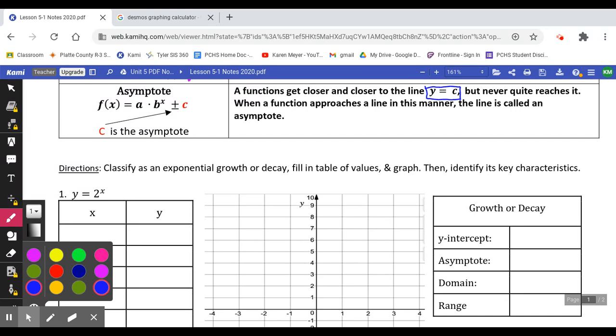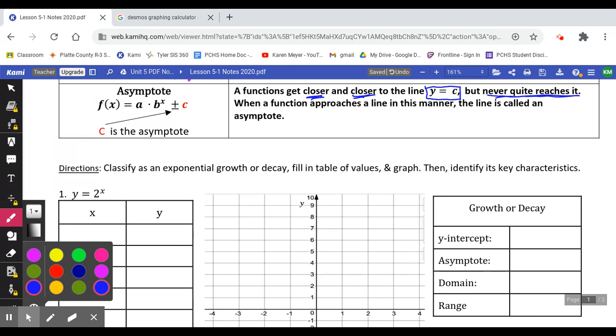Now, what does an asymptote mean when I'm looking at a picture of a graph? Well, an asymptote is a line that we get closer and closer to, but we never really cross it. We get so close that the calculator will just call it that number and stop, but it doesn't really ever reach that number.